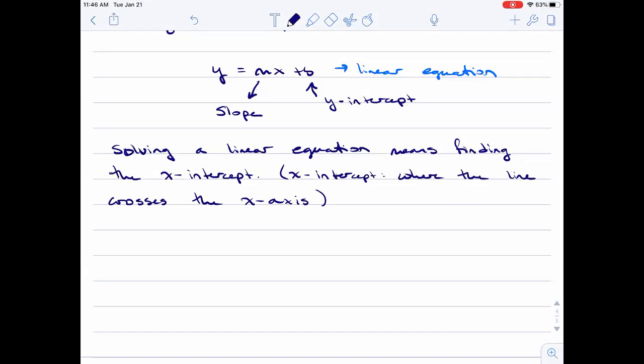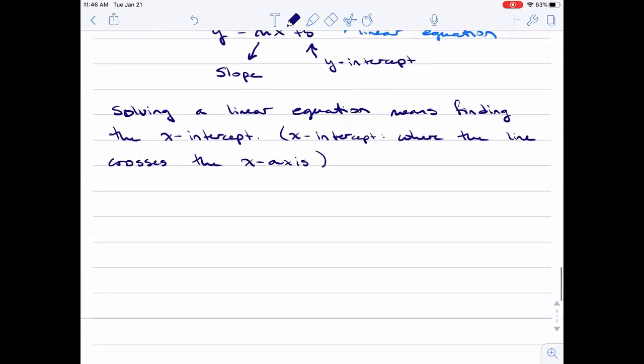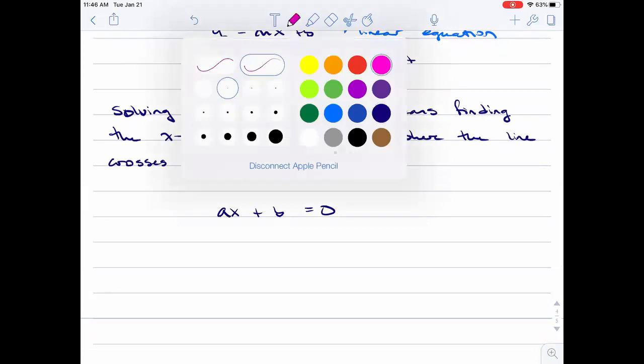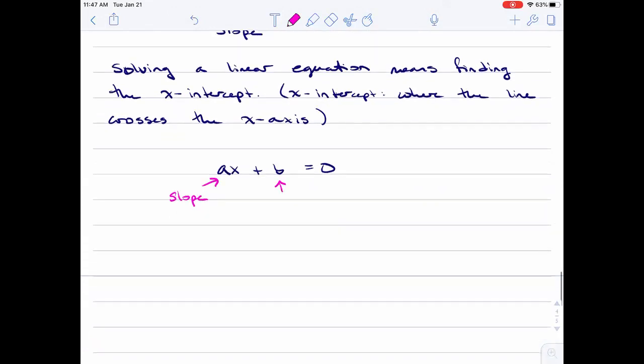We can find things just from the equation, we can find the slope and the y-intercept, but if we solve it, we're able to find the x-intercept. If we have something like ax plus b equals 0, we need to be a little bit flexible. Notice that whatever is attached to the x is your slope, and whatever is on its own is the y-intercept.